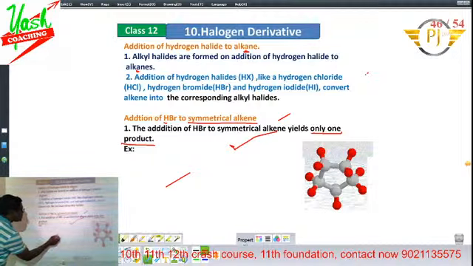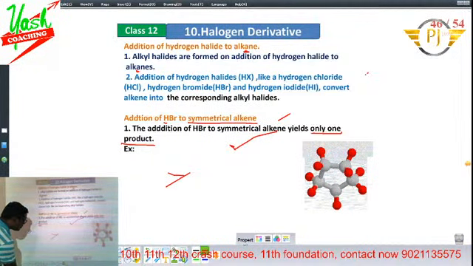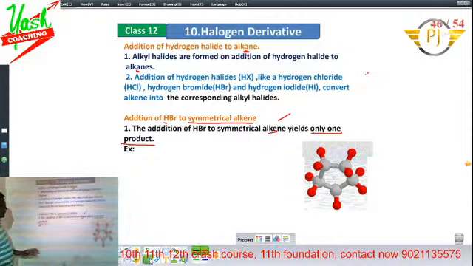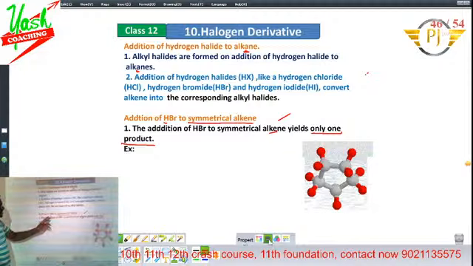Continuing, the addition of HBr to symmetrical alkenes yields only one product.